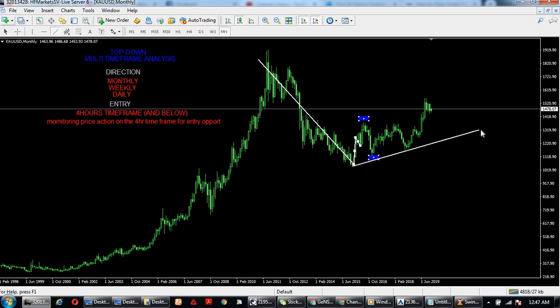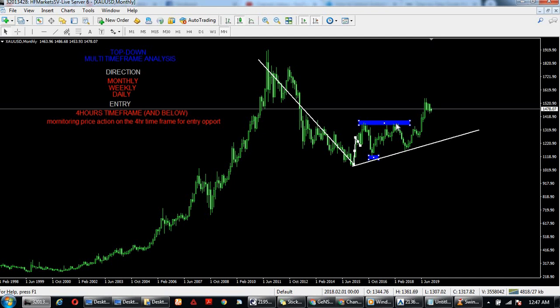And then price now comes to give us another high, which is an equal higher high. We would have expected price to give us a high that is higher than the most recent swing high, but price now comes and gives us an equal higher high.